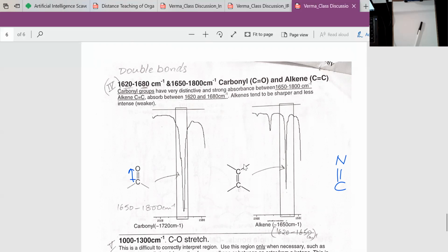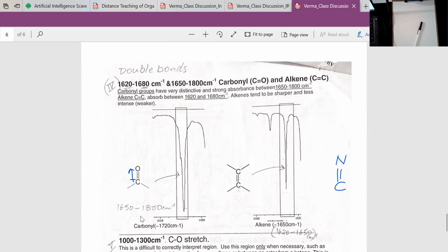Because of its lower polarity, the C double bond C peak is sharper and weaker. On the other hand, because of its more polarity, C double bond O is a stronger and broader peak.